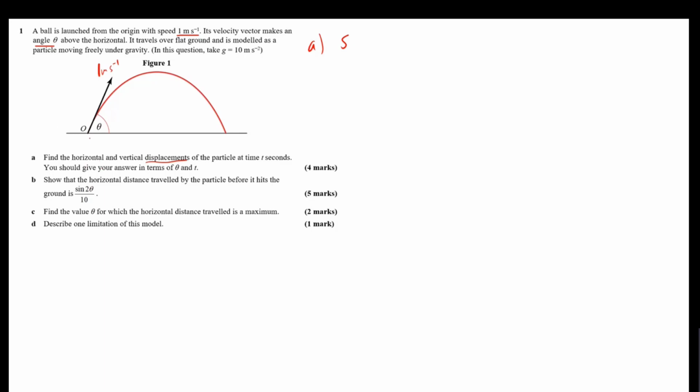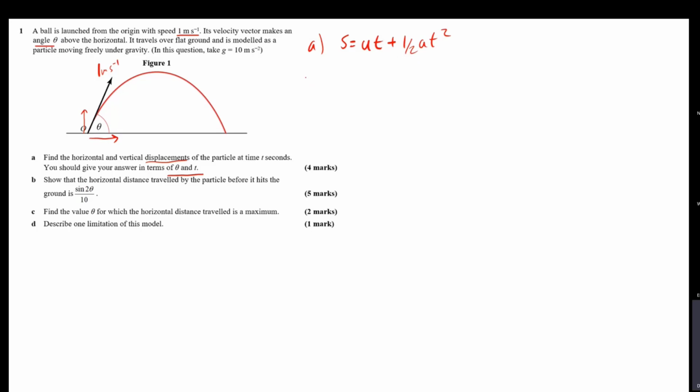And it says horizontal and vertical. So obviously that means horizontal is this way, and then we want the direction this way in terms of theta and t. Okay, you've got S equals ut plus a half at squared. That's how we start this off.